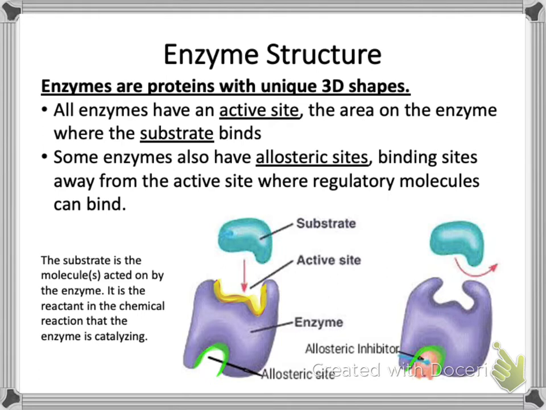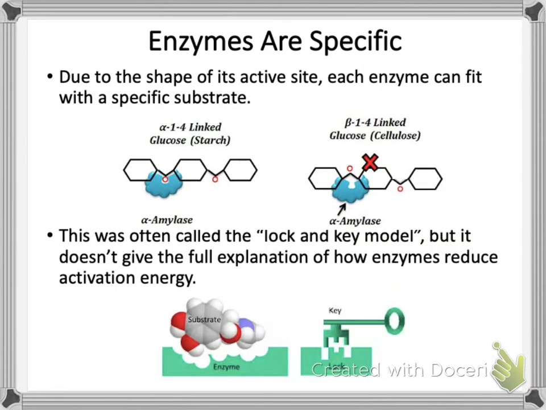You'll learn more about allosteric sites and regulatory molecules in the next video. The main thing you need to remember is that enzymes have a unique active site which fits perfectly with its substrate. Because of that, enzymes are specific. Because of its active site shape, each enzyme can fit with a specific substrate.